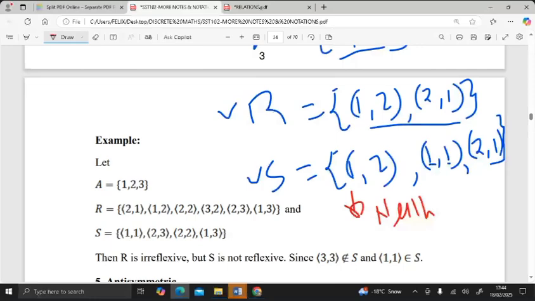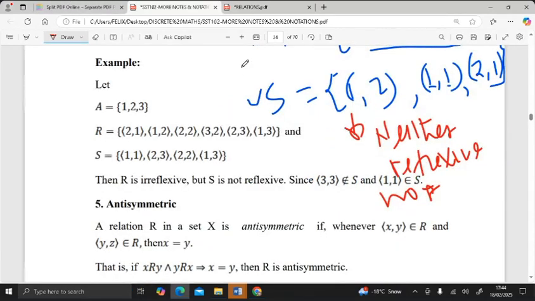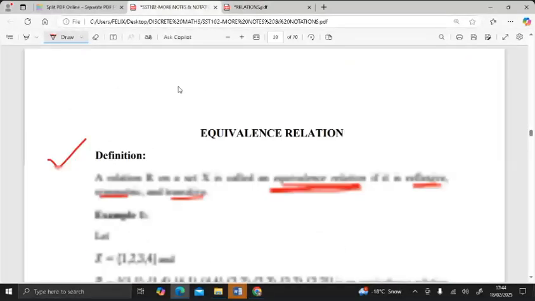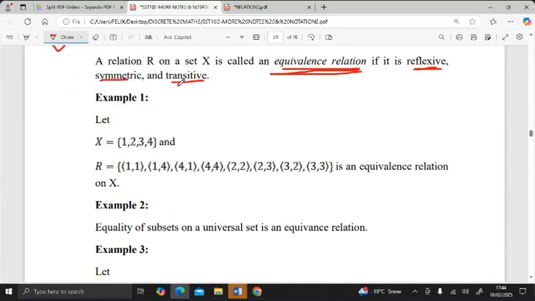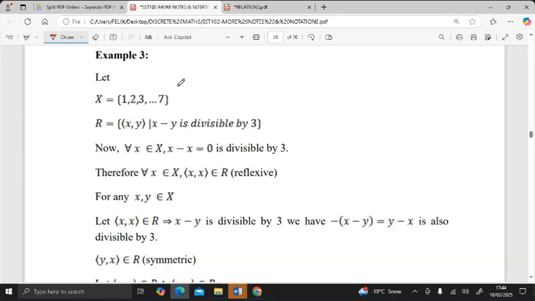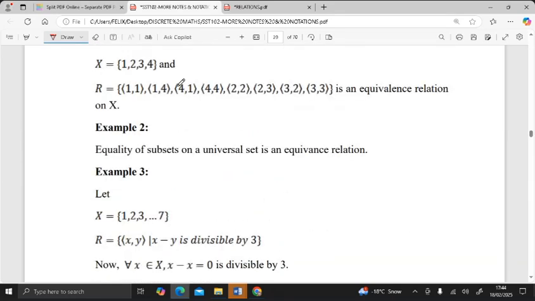And for reflexive, every member of X is related to itself. So this one is neither reflexive nor irreflexive. It doesn't meet the threshold for either definition here. Right?